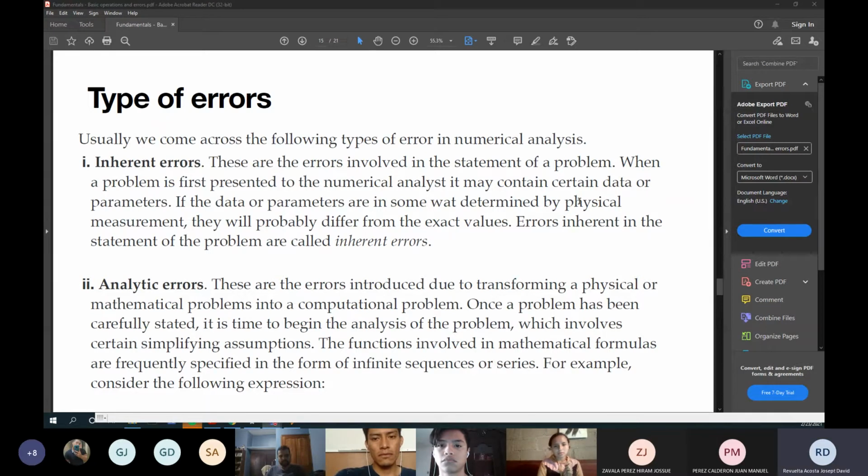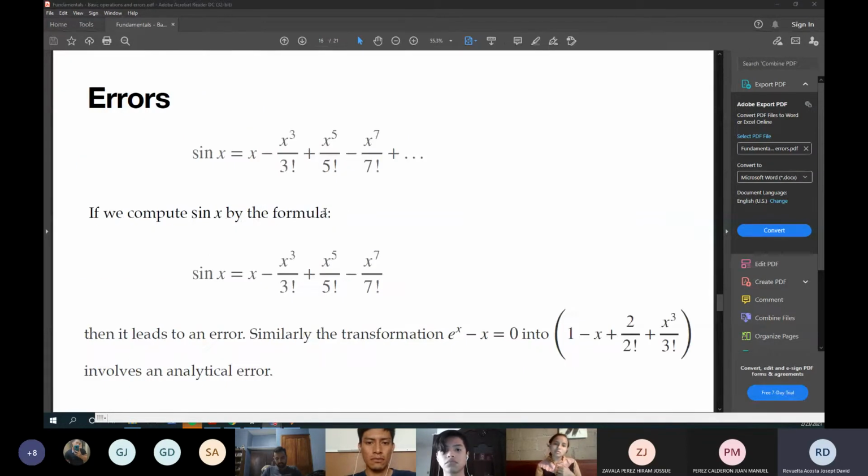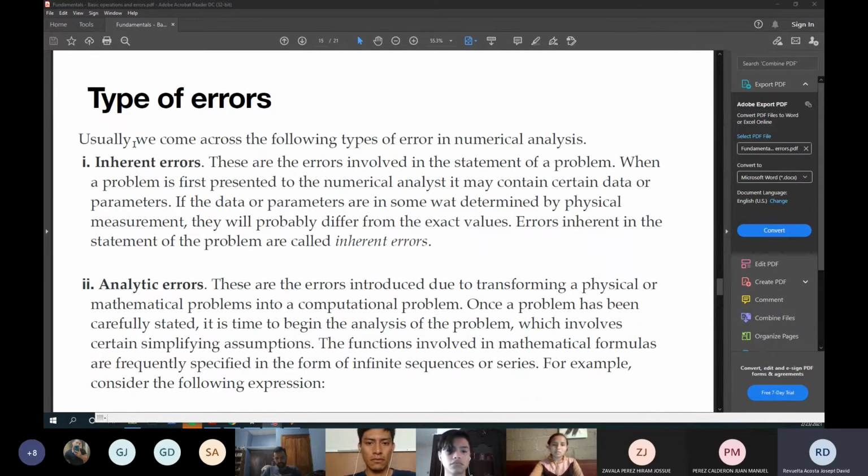So when we transform any physical problem to a computational problem, we will introduce analytical problems. Why? Because we always depend on the availability of the computer in terms of operations. For example, if you want to analyze some expressions, this is what we call analytic errors.